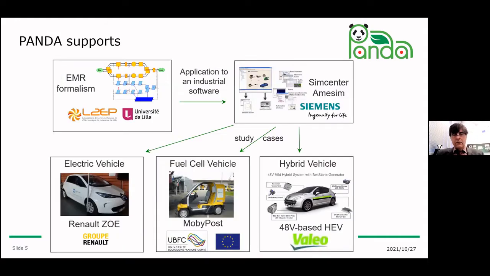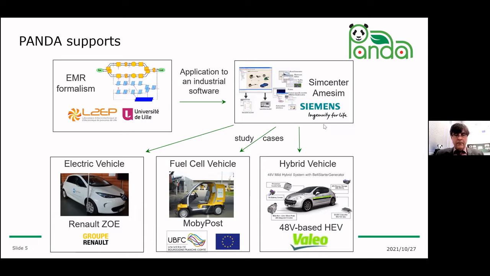In order to develop this method, we use first the EMR formalism of University of Lille. EMR is energetic macroscopic representation, which is a method to organize the models of different subsystems. We will implement this method in the SimCenter AmSim software of Siemens, which is a very well-known software in automotive sector.